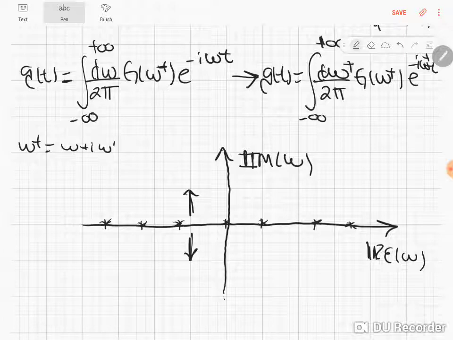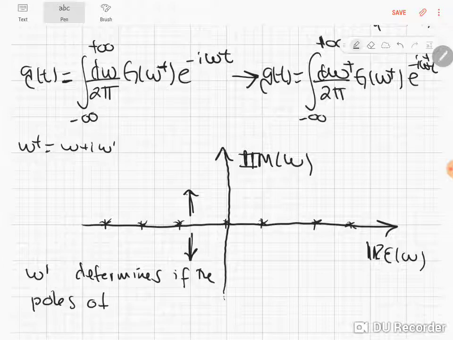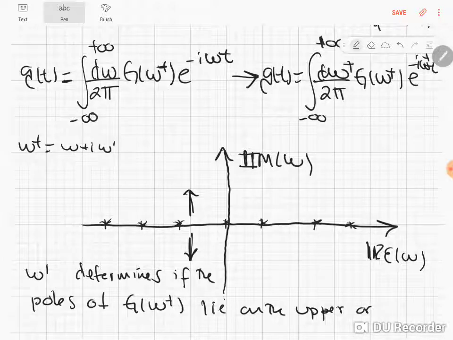So omega prime determines if the poles of g of omega plus lie on the upper or lower complex plane.